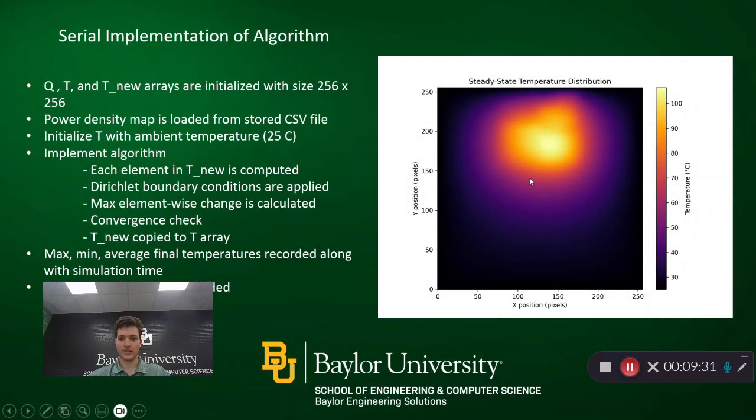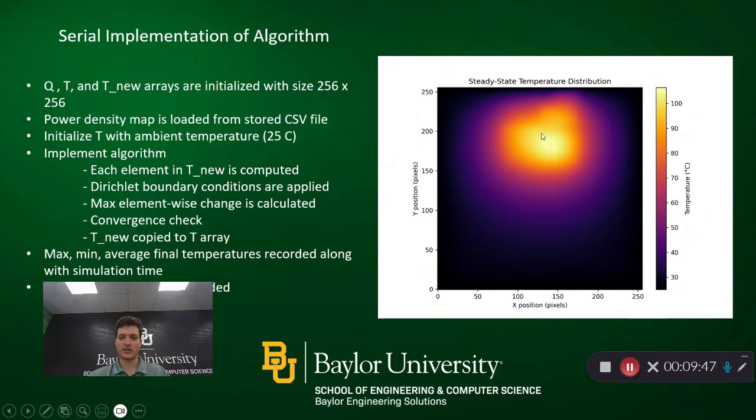This right here is a heat map of the final output T new array. So you can see that the boundary conditions are really unrealistic because they're clamped down to 25 C. So that's going to impact the temperature distribution at the end.